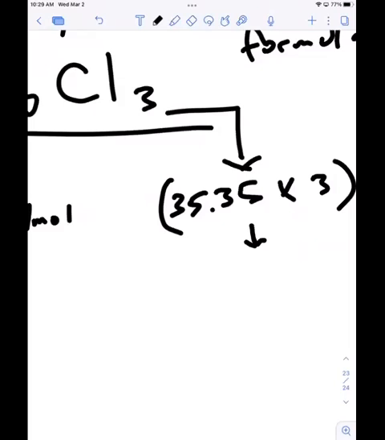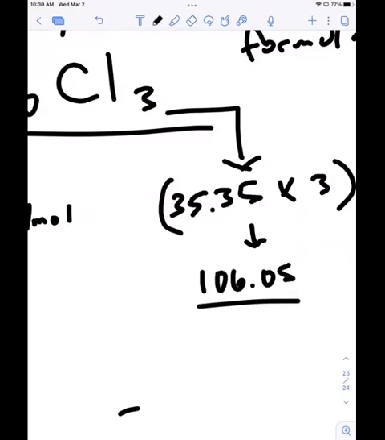What do we have? Is that 105? For the chlorine, 3 times the atomic mass of chlorine. 106.05. 106.